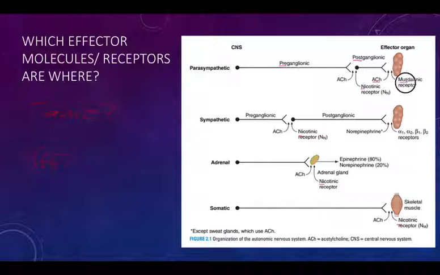And it binds to a muscarinic receptor. This is different. So the preganglionic acetylcholine binds to a nicotinic receptor here. The postganglionic neuron sends its axons down, releases acetylcholine as well, but it binds to a muscarinic receptor, and that will be, depending on the organ, M1, M2, or M3, which are the different subtypes of muscarinic receptors.